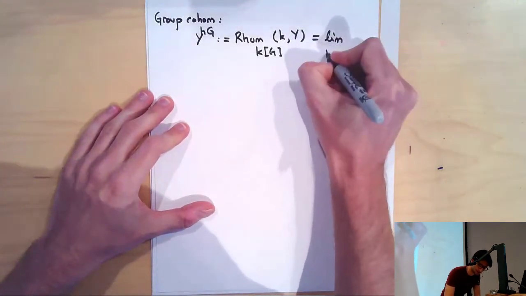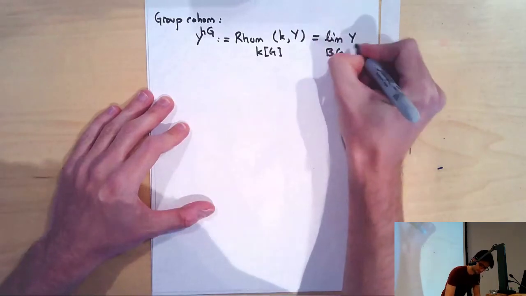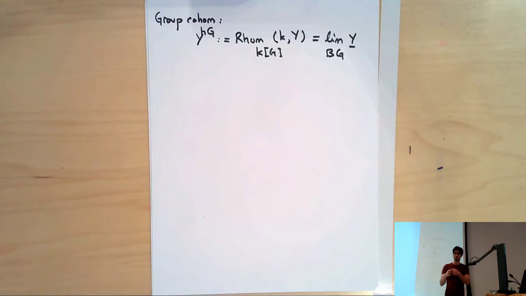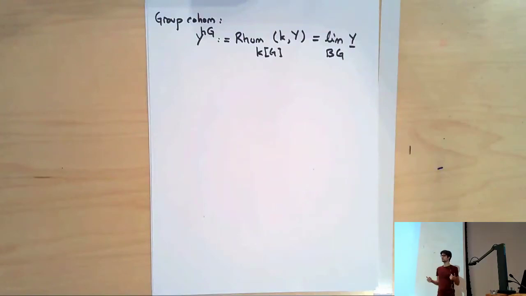I can look at the limit over BG of Y. So recall that we were encoding the data of this module or this complex with a G action as a functor from BG to dk. That gives me a diagram in dk whose limit I can construct. And I need to do this in a sufficiently homotopically rich way, so I should take the homotopy limit, and that will represent for me the group cohomology.